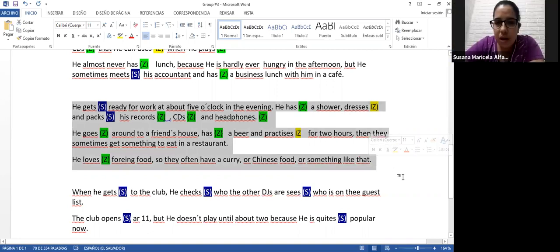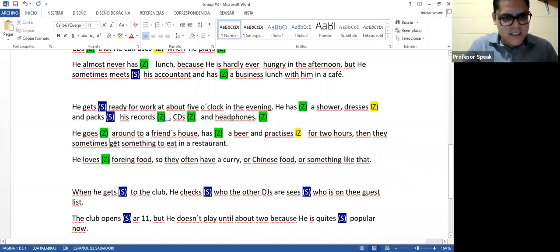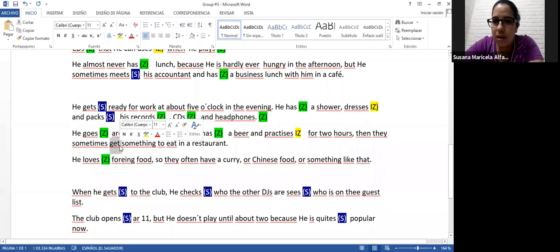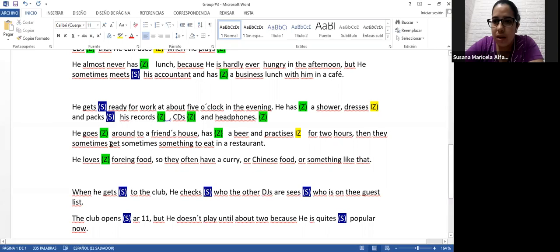Teacher, the sentence is: then they get sometimes something to eat. Then they get something to eat in a restaurant.